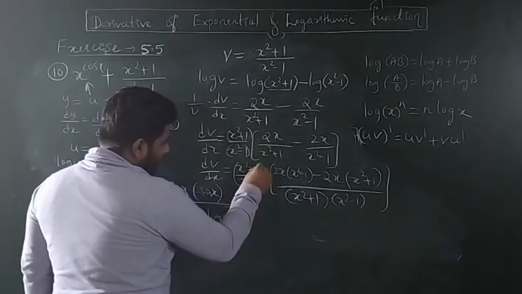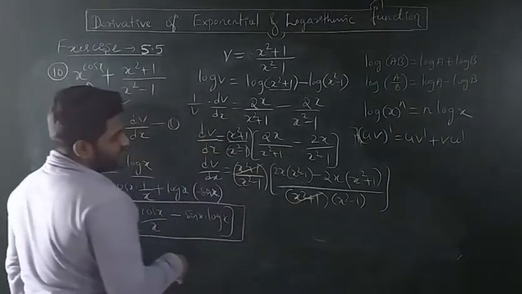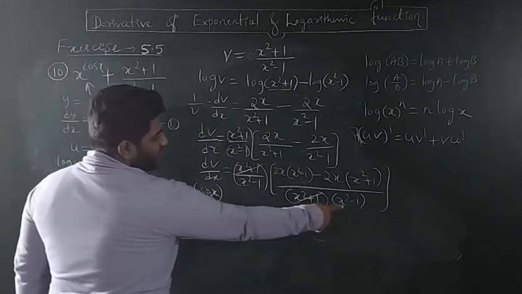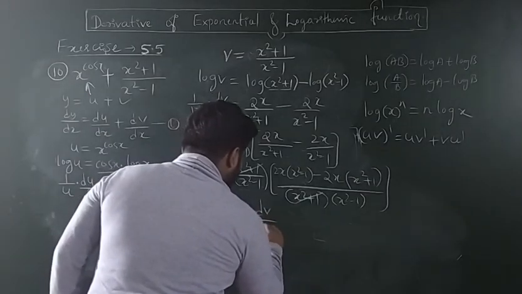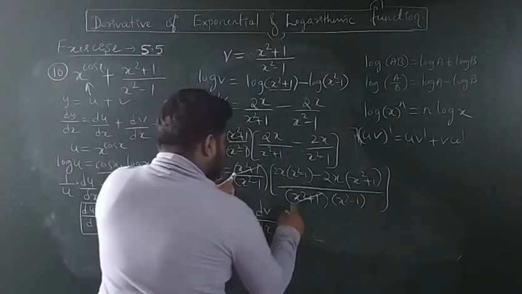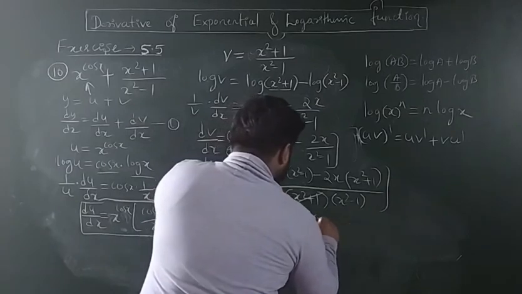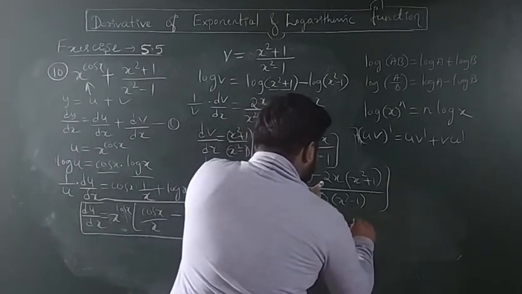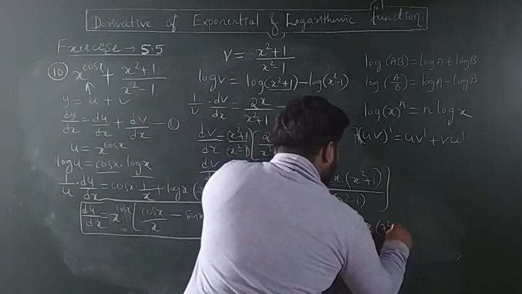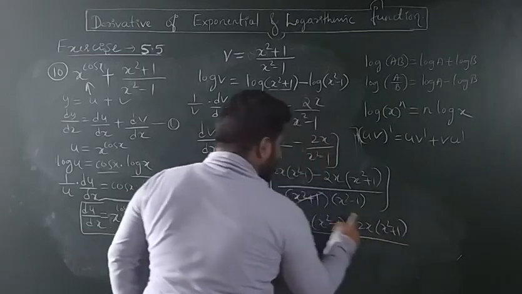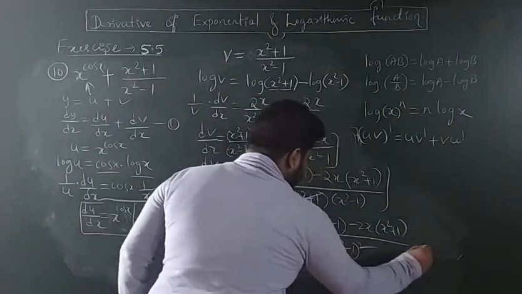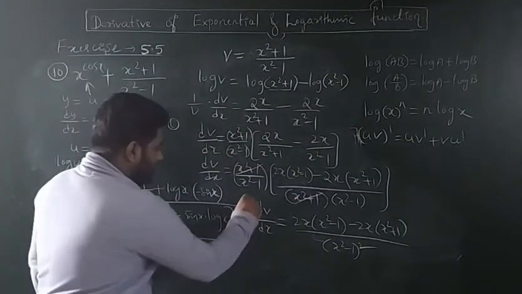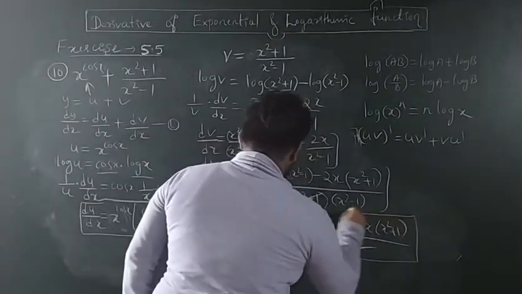We can cancel this x square plus 1 and this x square plus 1. What is left is x square minus 1 and x square minus 1. So dv by dx equals 2x into x square minus 1 minus 2x into x square plus 1, whole divided by x square minus 1 whole square. So this is the dv by dx value.